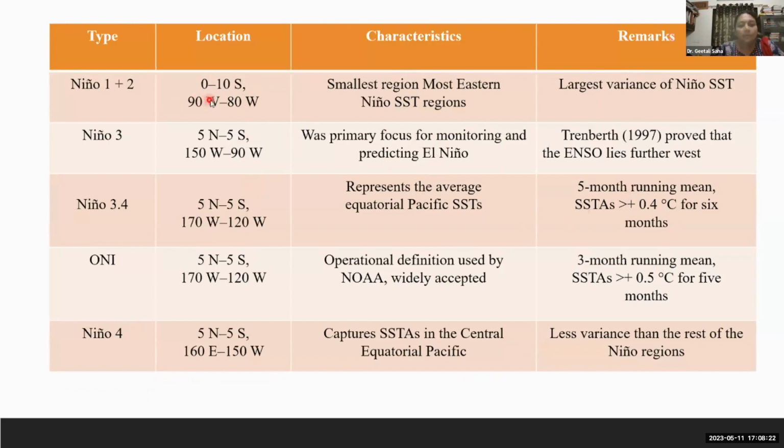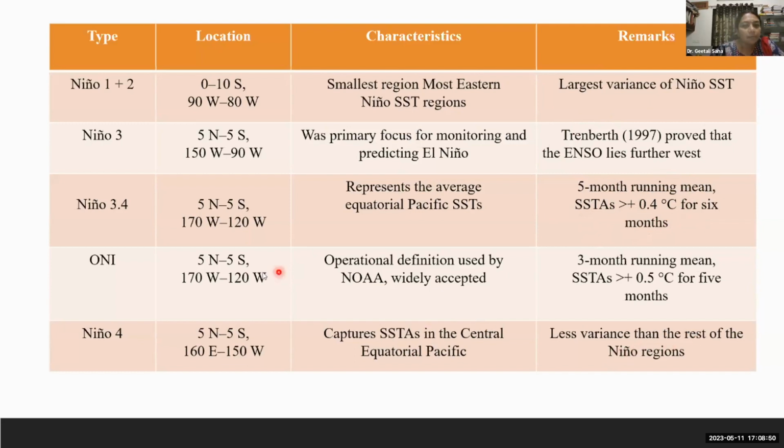So NINO 1+2, as I said, shows the largest variation of NINO SST. NINO 3 has been widely covered, widely studied. NINO 3.4 has a 5-month running mean where SST larger than plus 0.4 degrees centigrade is recorded for 6 months, and NINO 4 is the least variance one.